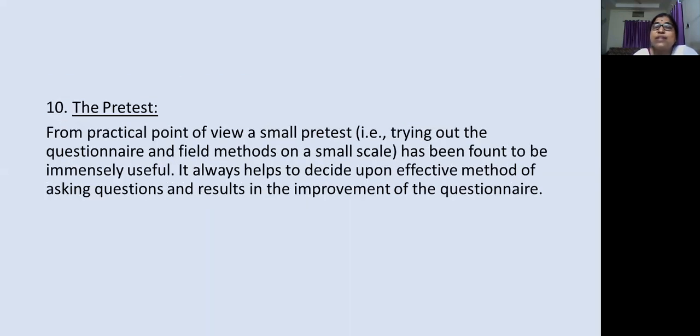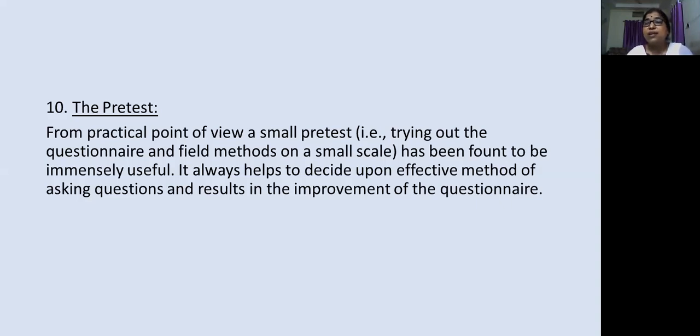Pretest. Always we have to do the pretest. Pretest means take a sample of 5 and give the survey forms to them and ask them to go through. There should not be any delicate questions. There should be questions which are appropriate to our study and which should not hurt the sentiments of the people whom we are surveying.